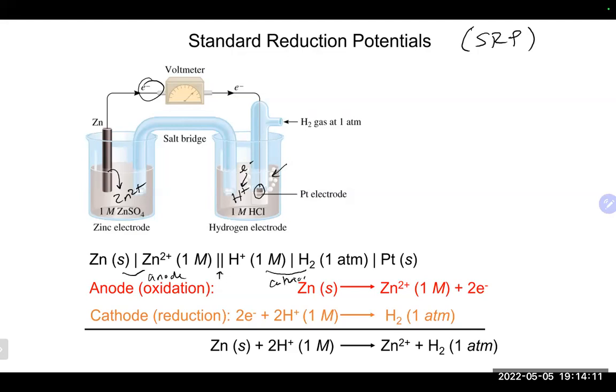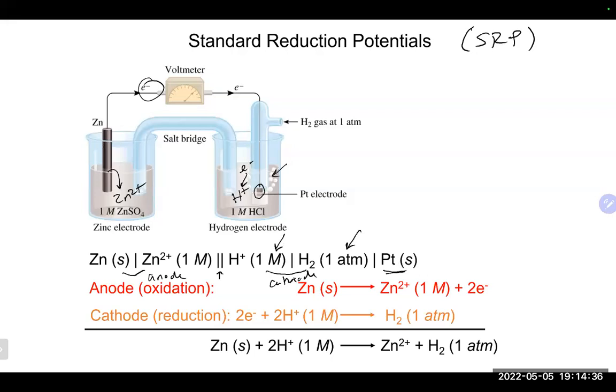And again, on the cathode side, we do have a little bit more information. Since hydrogen is a gas, sometimes people will insert the pressure there. That is standard pressure, just like the concentration here is the standard concentration value of 1 molar. And then we have one extra thing inserted, which is the physical electrode that's being used in this particular case.